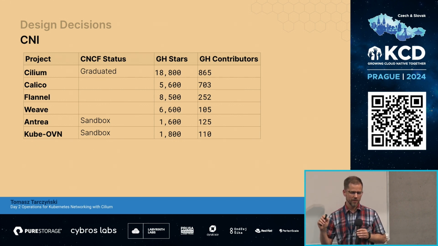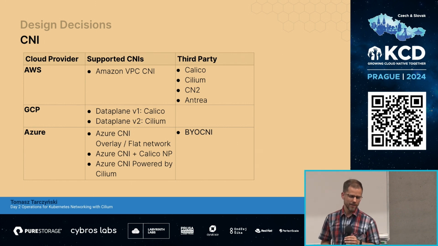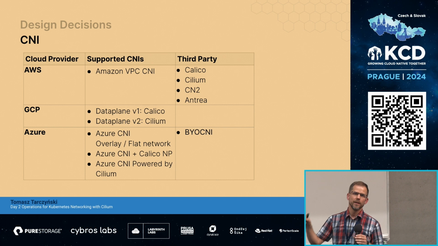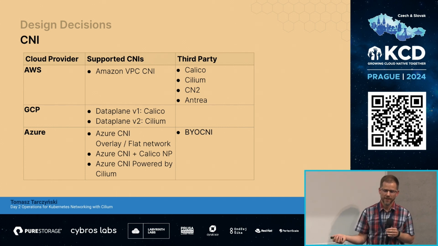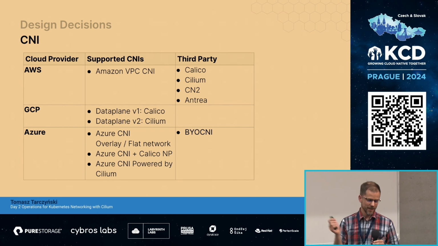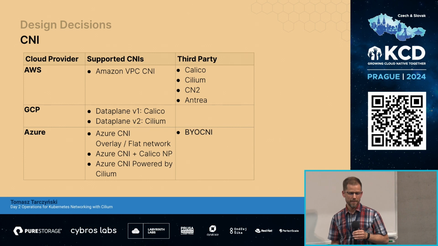But also, if you run your cluster in public cloud, then your public cloud provider has made some decisions for you already. So you set up an EKS cluster, there's already Amazon VPC CNI.